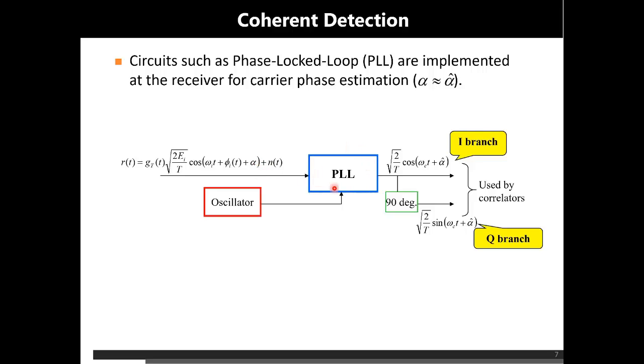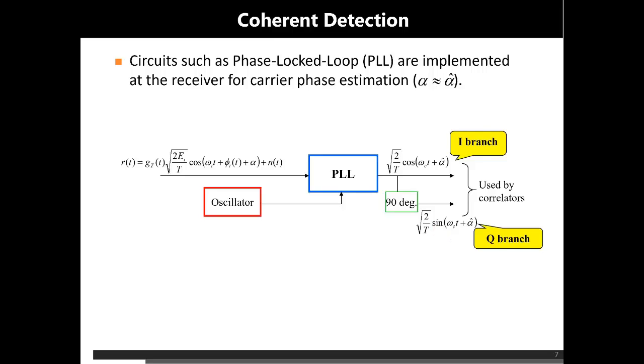So the purpose of the PLL is to generate an estimate alpha hat, so that the PLL generates two carriers. The first one is cos and the second one is sine. The cos is responsible for the input to the I branch of the correlator, and the second one, which is sine, is to be fed into the Q branch of the correlator.